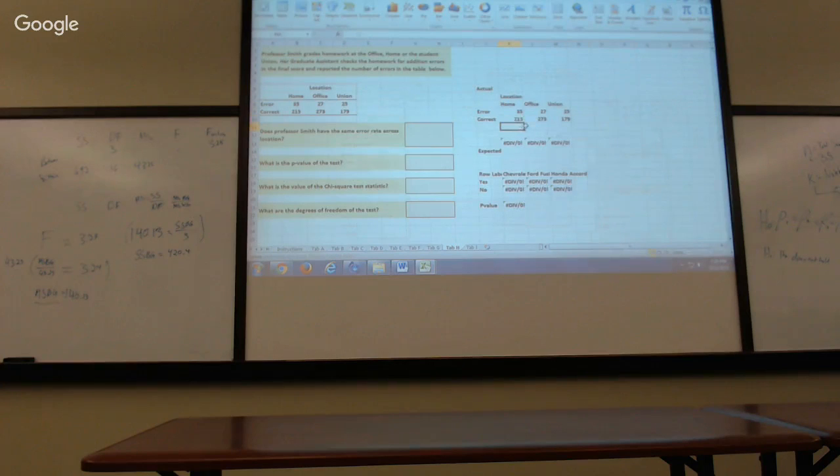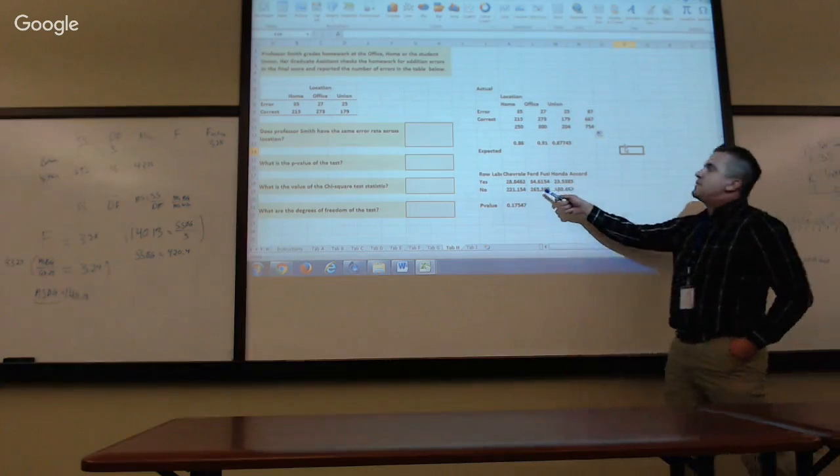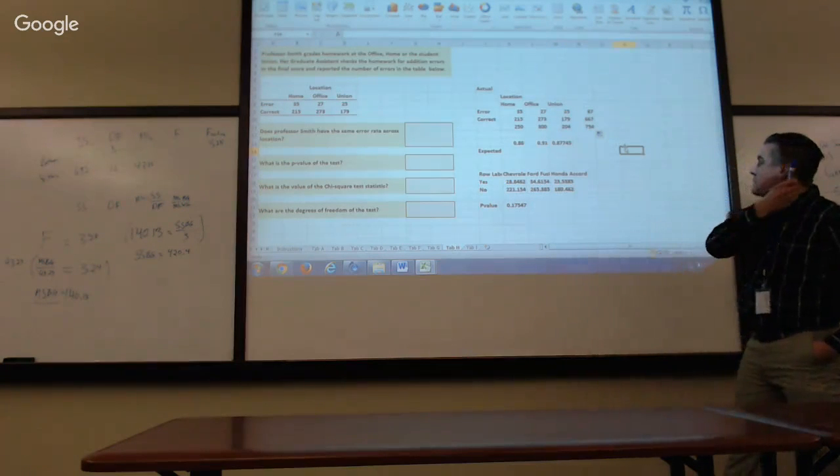And then we have to take totals across these three, and I'm going to take totals across. Once you take the totals all around and across, it populates for us.